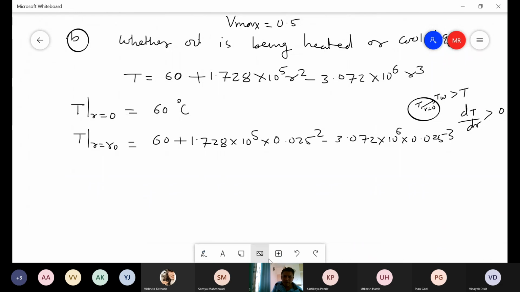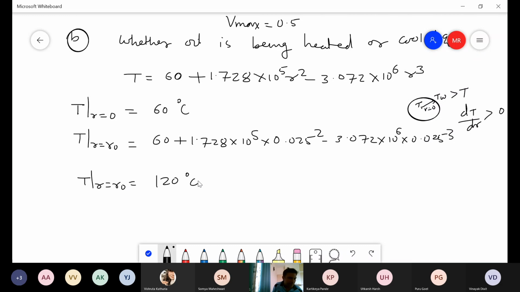So the value you are expected to get from this is T at r equals r naught comes out to be 120 degrees Celsius. Just check whether this is correct. Yes, sir. Since T at r equals r naught is TW, nothing but the temperature at the wall, clearly oil is being heated.